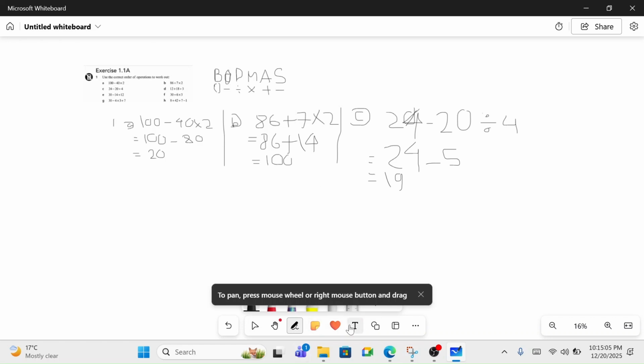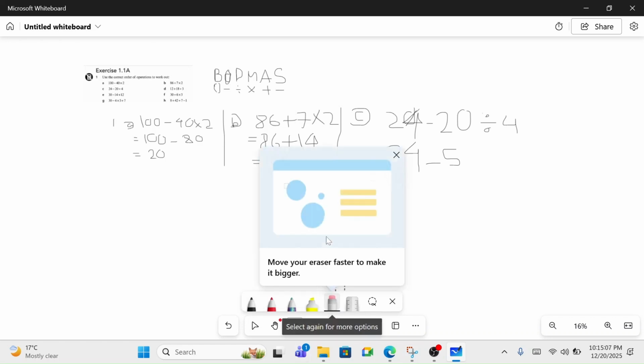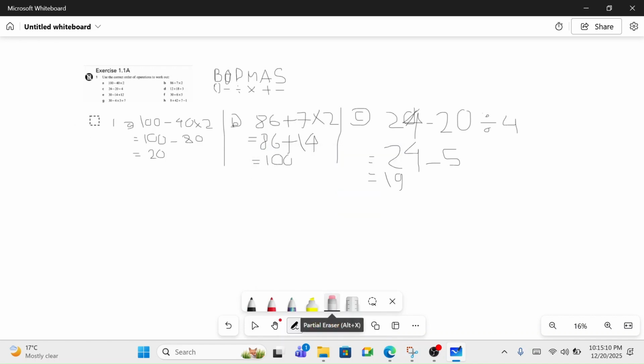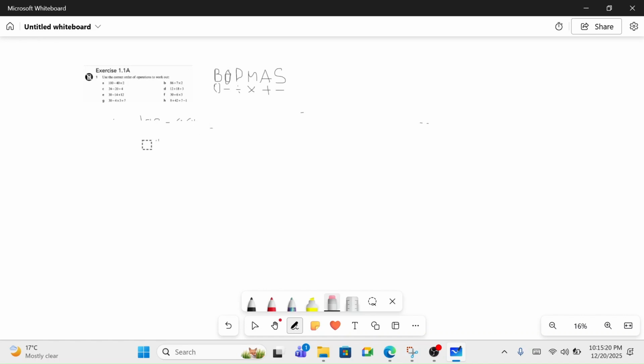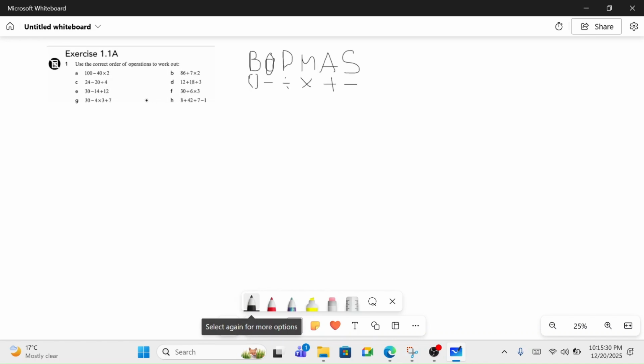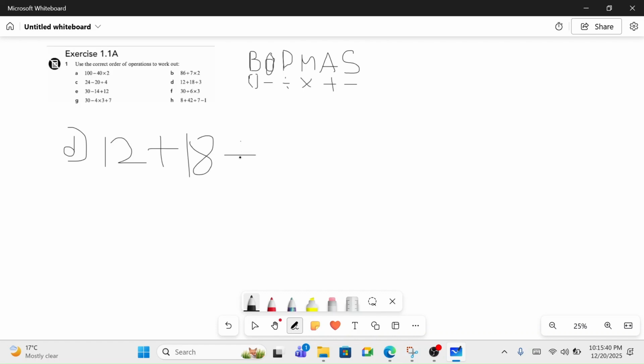So I'm now gonna erase this part from the board. Okay. There. Now question number D: 12 plus 18 divided by 3.